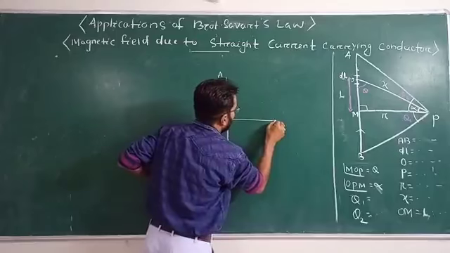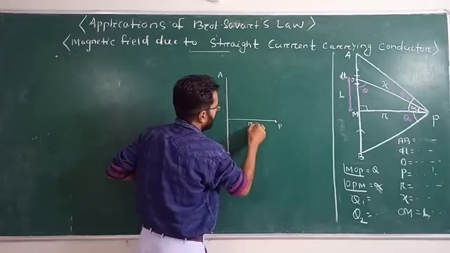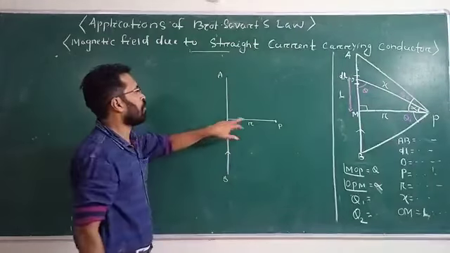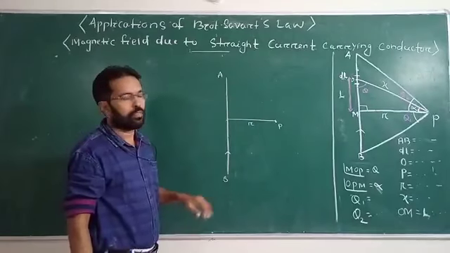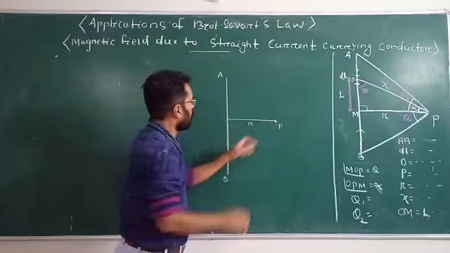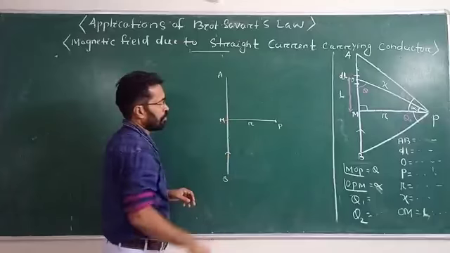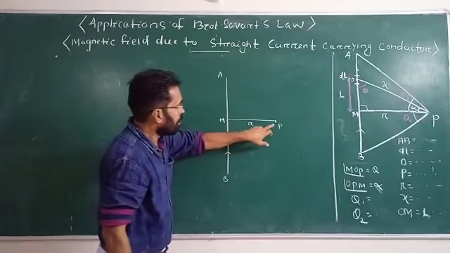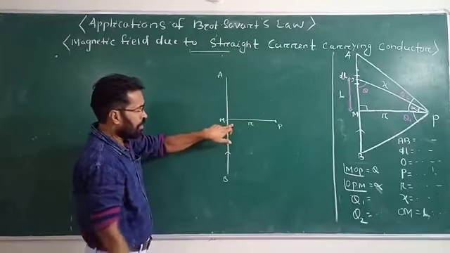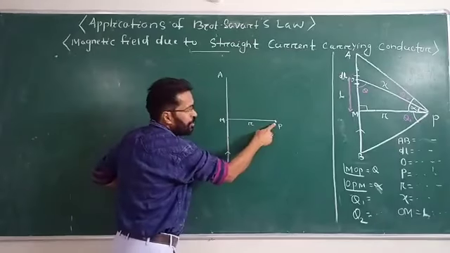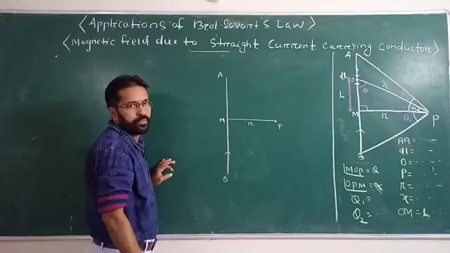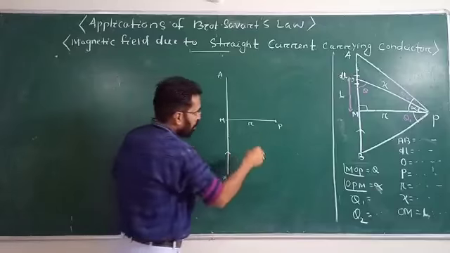Let this be the perpendicular distance R from the straight current carrying conductor. And this instruction for location of point P is not sufficient. Why?